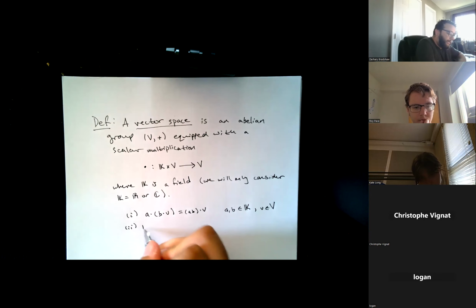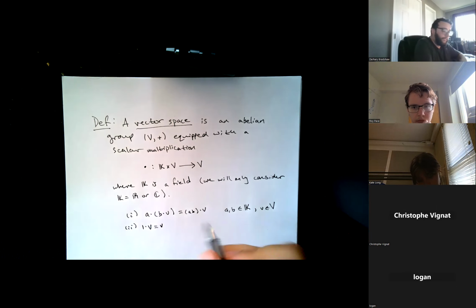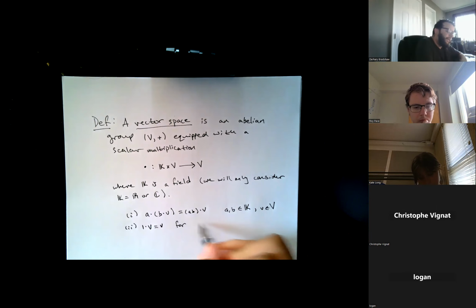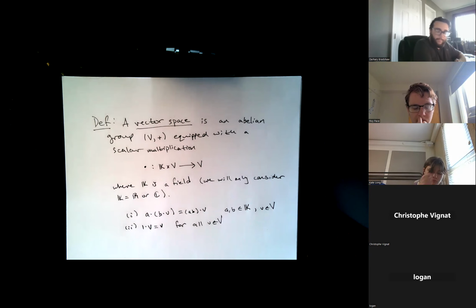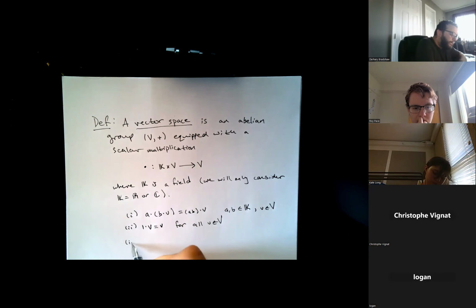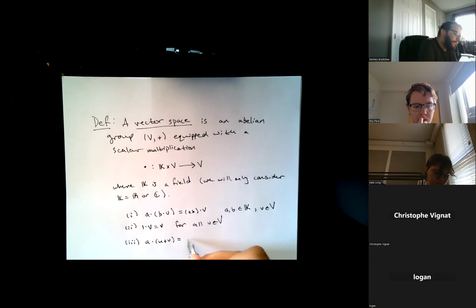Okay, we need the existence of an identity element, multiplicative identity element, which we'll call 1. So the real numbers and complex numbers certainly have 1. And then we need a times (u plus v). We need this to be distributive.